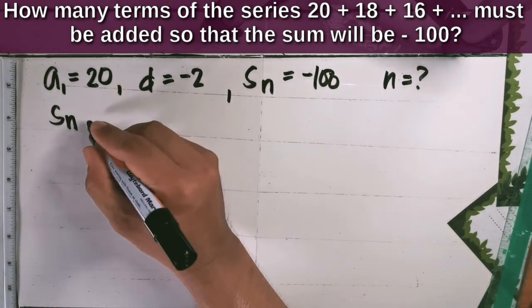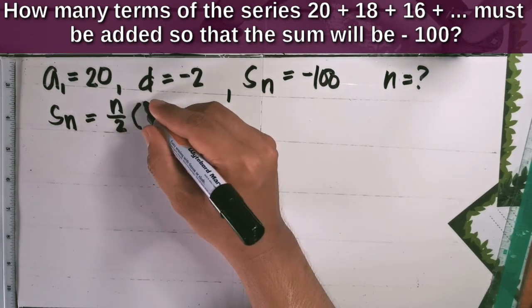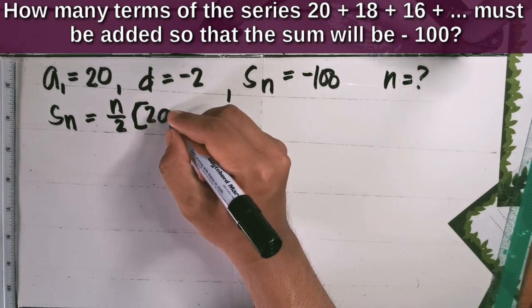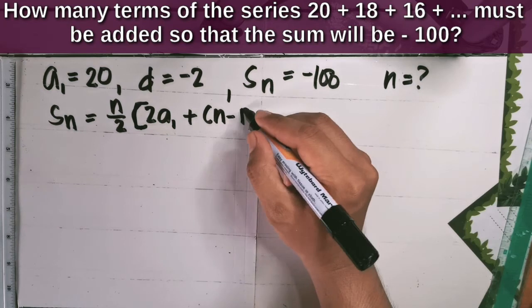S sub n is equal to n over 2 times the quantity 2a sub 1 plus the quantity n minus 1 times d.